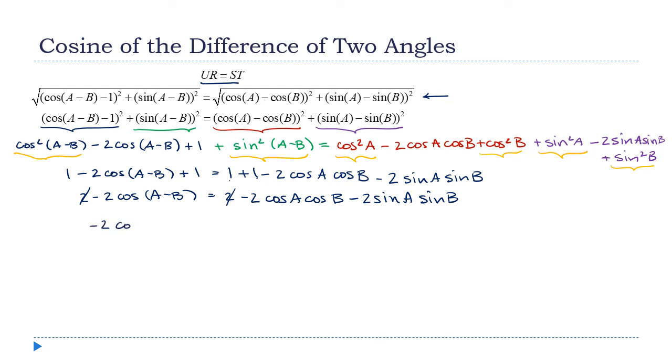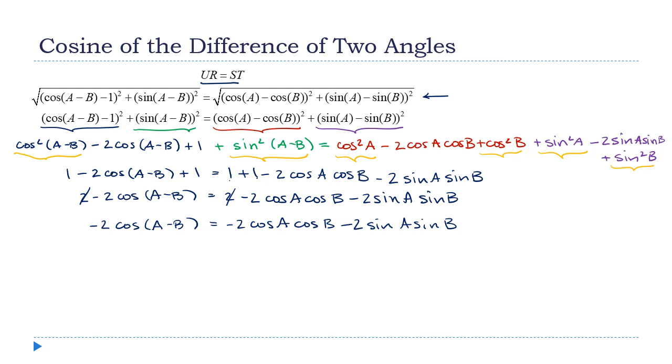Minus 2 cosine (A minus B) equals minus 2 cosine A cosine B minus 2 sine A sine B, and we're there.